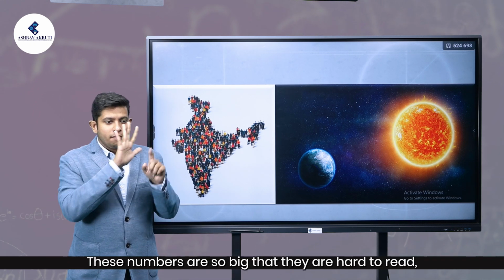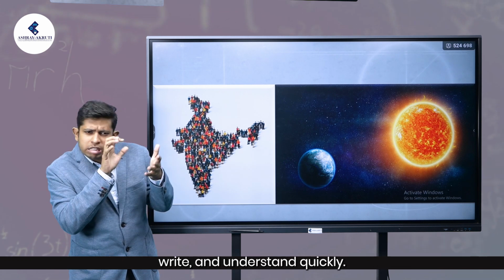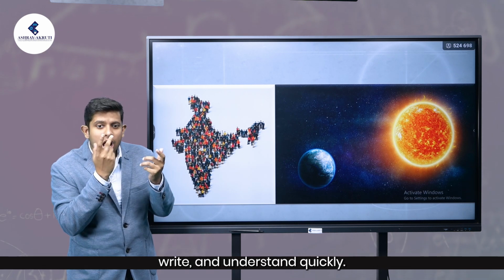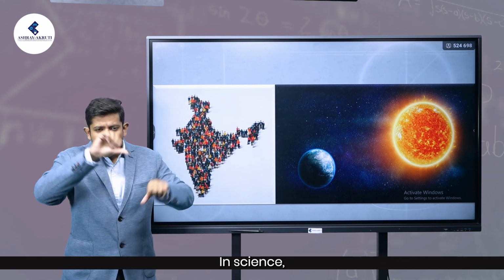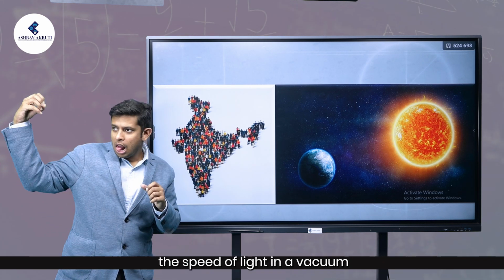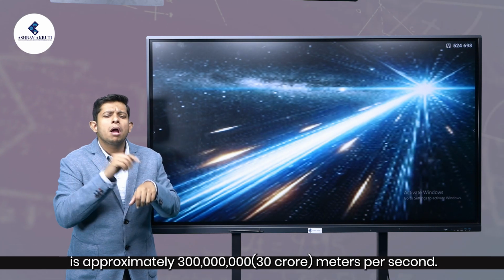These numbers are so big that they are hard to read, write, and understand quickly. In science, the speed of light in a vacuum is approximately 30 crore meters per second.